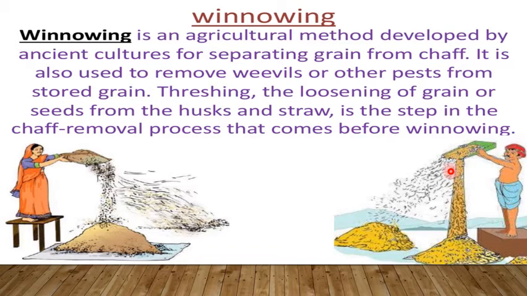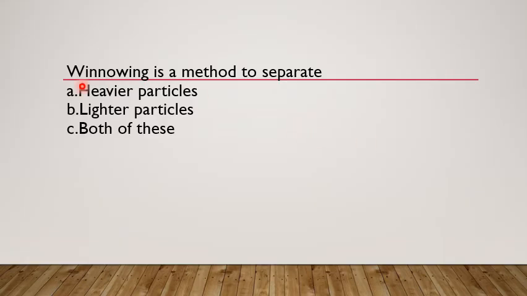Okay, so we can say that this is also a very simple method and it was used in ancient time. Okay, so now see here, winnowing is a method to separate heavier particles, lighter particles or both of these.